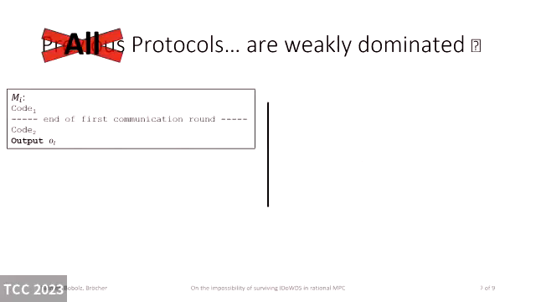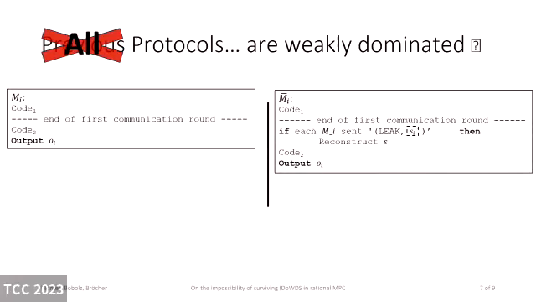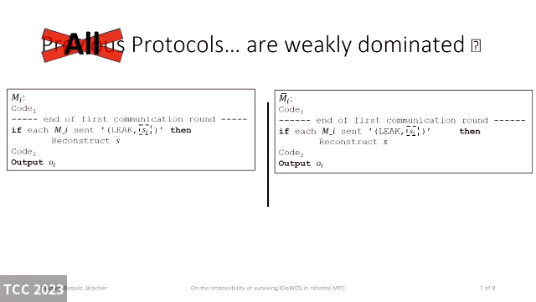And this now generalizes to arbitrary protocols. So we have really black box protocols. So the strategy which we consider as some code, then the first communication round ends, then we have another code. Well, we can improve it by the same check as before. No, in fact, we can't, since this check could also be included in this black box strategy, right?